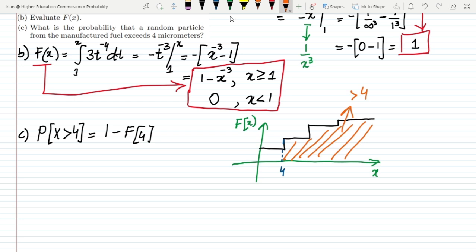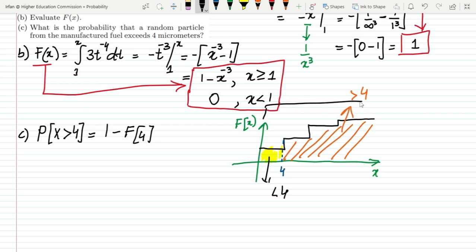And all of these areas, let me use this yellow color, are less than 4. So this is the area we want to find out.